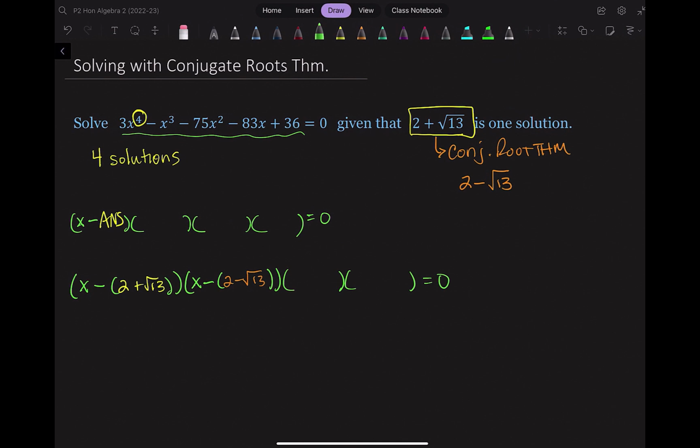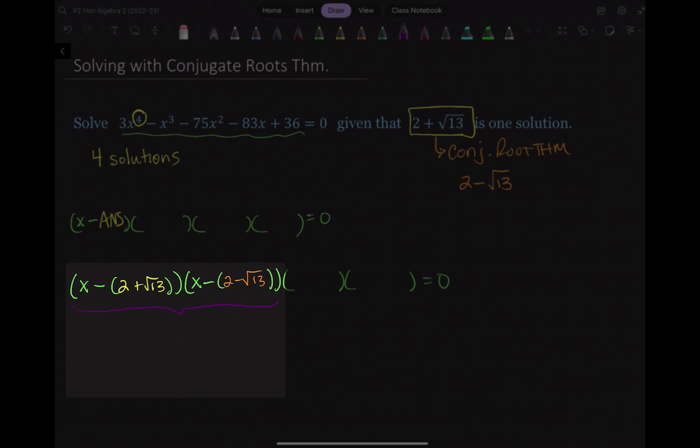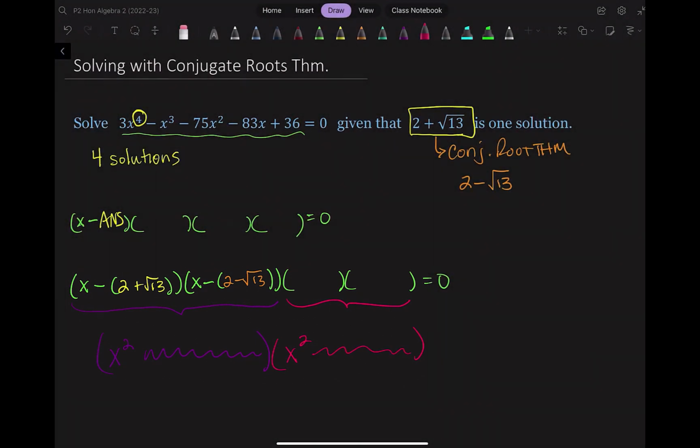Now the logic will be, if this pair of linear factors can be multiplied, we just did that in the last video, and we can come up with an x squared and a bunch of other terms, and this set of factors can multiply into ideally an x, they're linear factors, so 2 of them makes an x squared and a bunch of other terms.